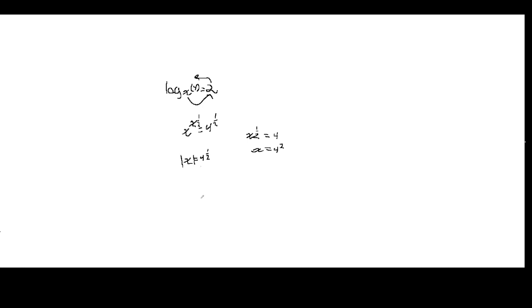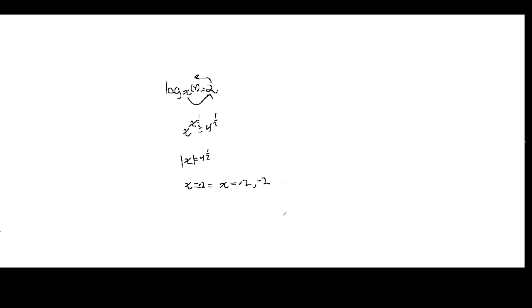So the absolute value of x equals 4 to the power of 1 over 2. This can be simplified to x equals plus or minus 2, which is the same as saying x equals plus 2, comma, minus 2.